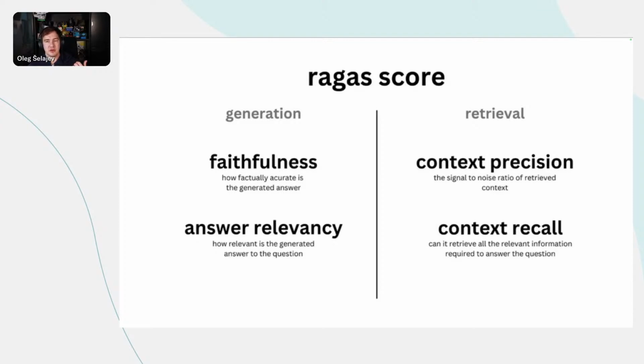You need to understand faithfulness and how relevant the answers are to the actual questions, and you also need to verify the precision and recall of the context. Can it find all the relevant information in the set of information that you have, and does it find random nonsense facts as well?